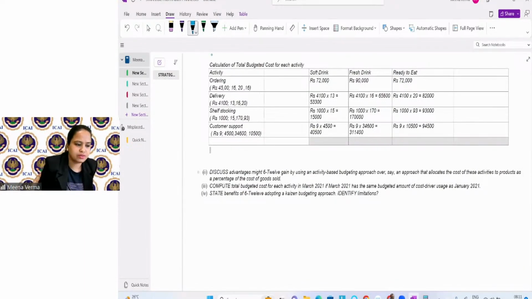Here you have to write the benefits of activity-based costing over the traditional system, like the percentage method.